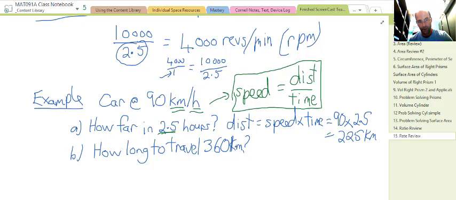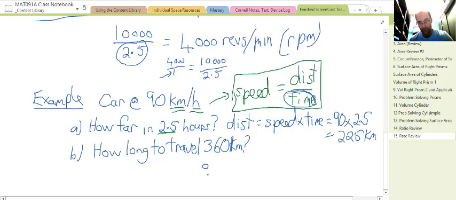The second one, how long will it take to travel 360 kilometers? Well, again, speed is distance per time. We want to know how we get time. How long? Well, let's have a look. We have 90 equals 360 divided by something.